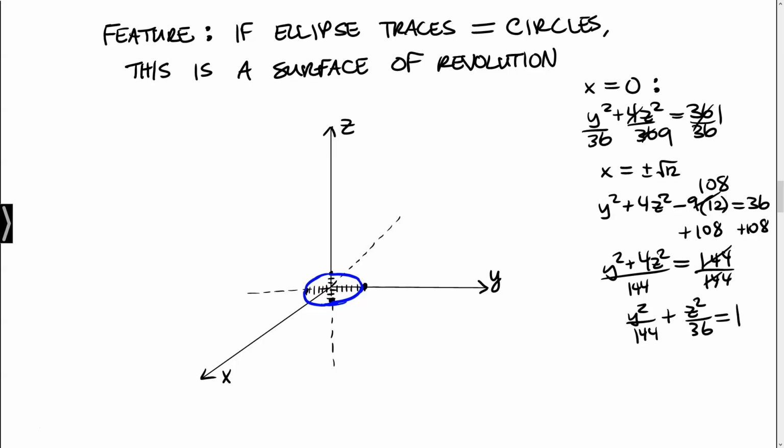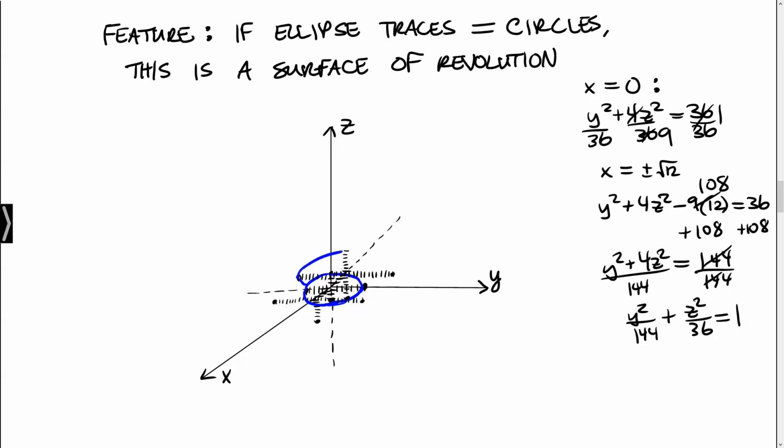So now we're going to go 12 in the y direction. Square root 12 is between 3 and 4, so somewhere about there. We have to go 1, 2, 3, 4, 5, 6, 7, 8, 9, 10, 11, 12. And then we're going to go about 6 up. And the same thing here.